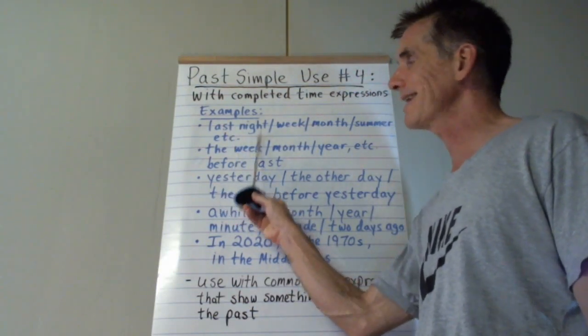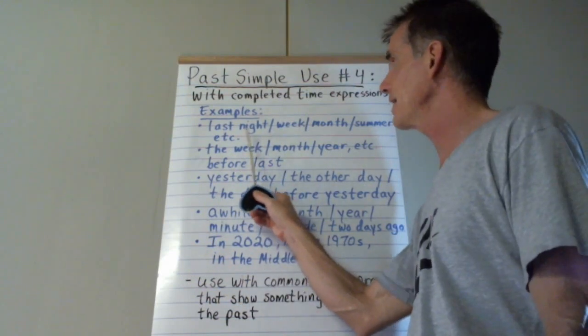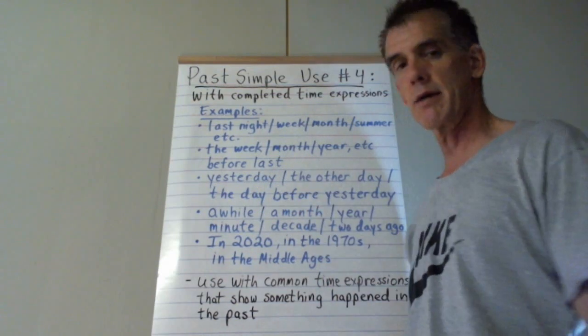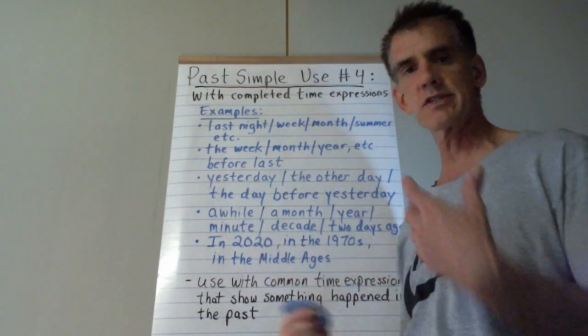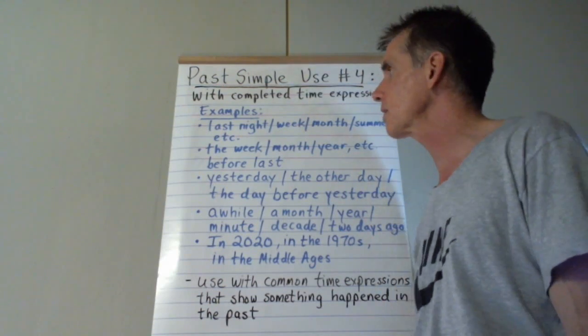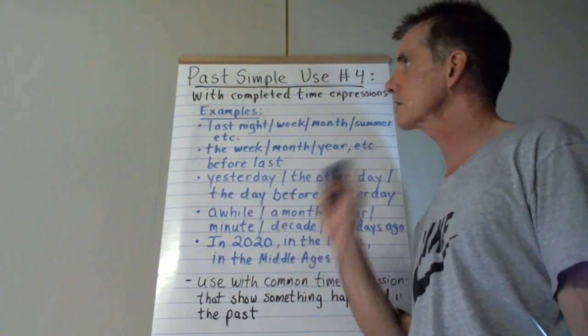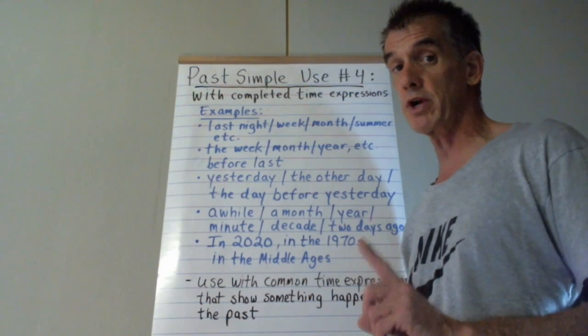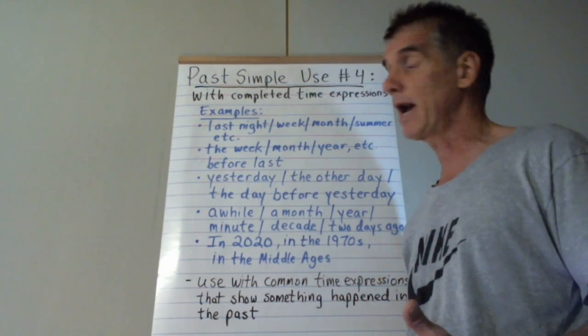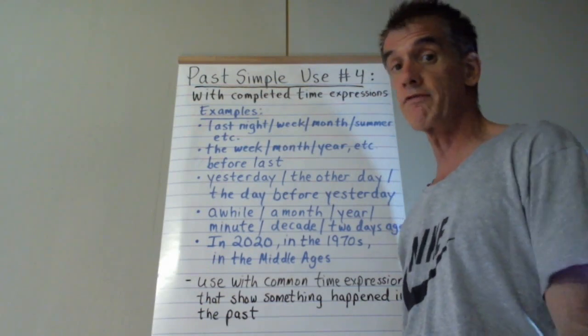For example, last night, last week, last month, last summer, last winter, etc. Last fall, last autumn, something like that. So again, using the simple past with completed time expressions. You're talking about something that happened in the past and when it happened, with reference to time.